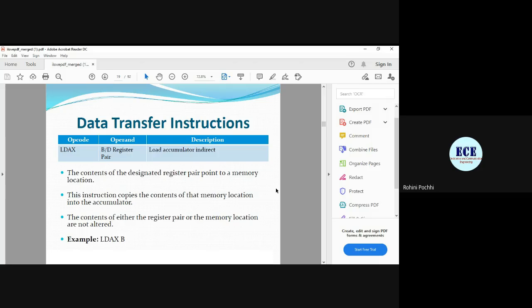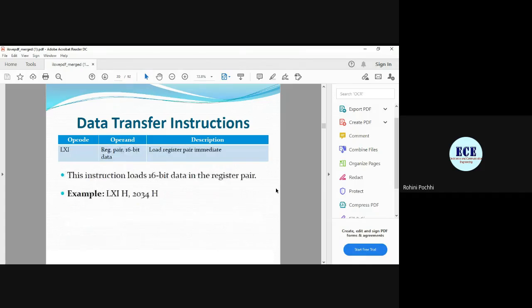This instruction copies the content of that memory location into the accumulator. While moving the data from source to destination, the data will not be altered. Example is LDAX B.